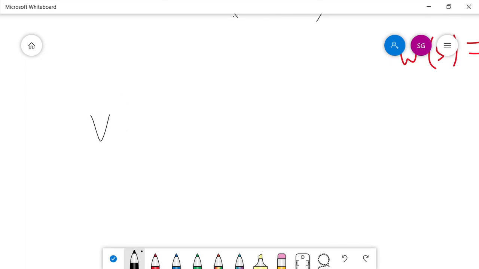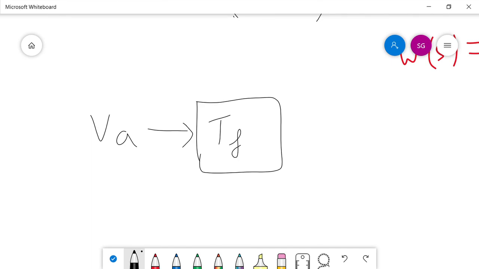If you change your VA, this VA will change as per the transfer function and will give you omega. So by this we are able to find the missing link.